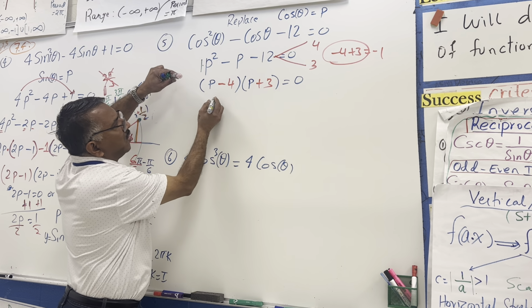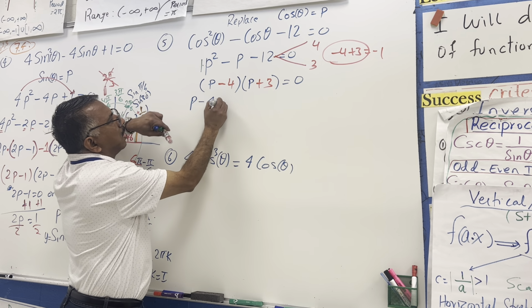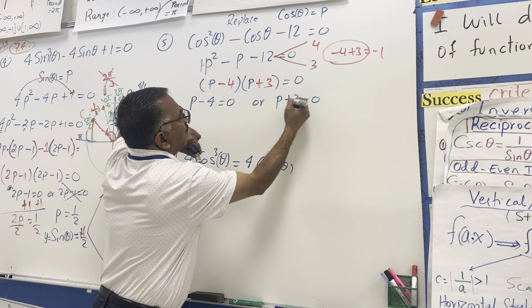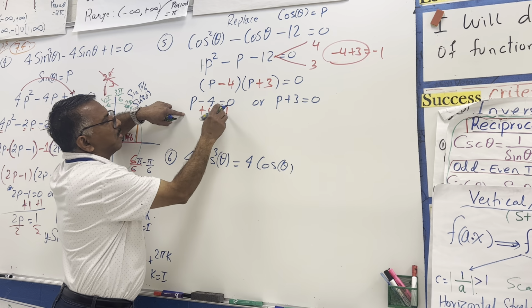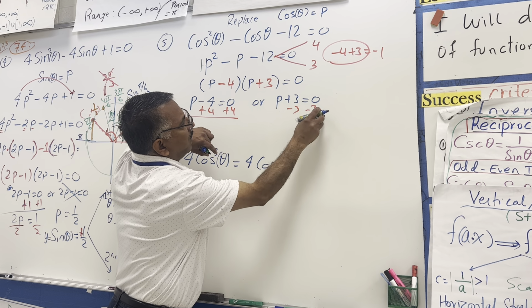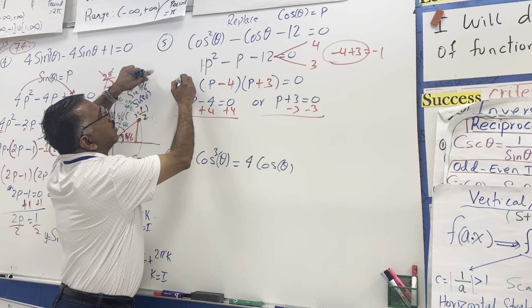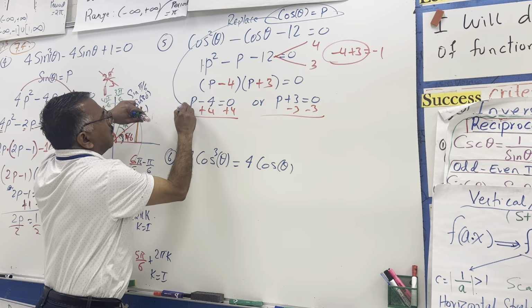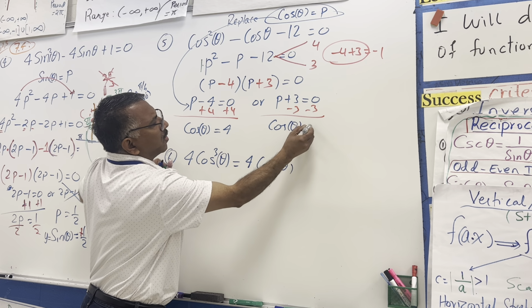Now, using the zero product property, either the first parenthesis is 0 or the second parenthesis is 0. You add 4 to both sides, and you subtract 3 from both sides, and you get p equals 4 and p equals negative 3. But then you can replace p back here. P is cosine. So cosine theta is 4, and here again cosine theta equals negative 3.